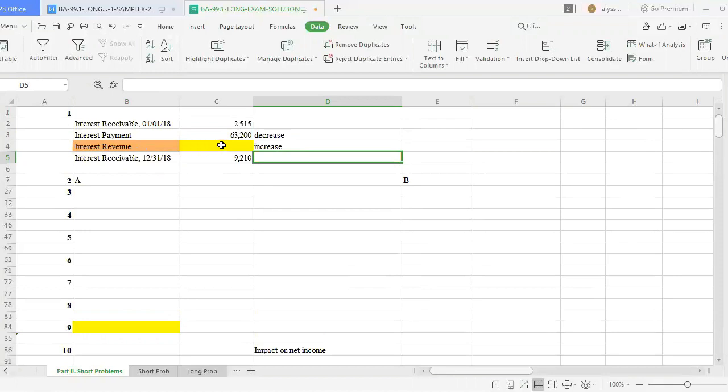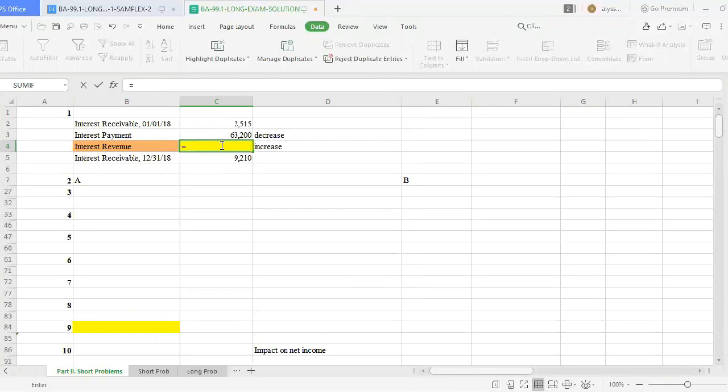So to get the interest revenue, you have to squeeze it. By squeezing, you add interest receivable with the interest payment. So the opposite, since this is a decrease, you add it. And then you subtract interest receivable beginning balance. Then you get the interest revenue for the year of 69,890.